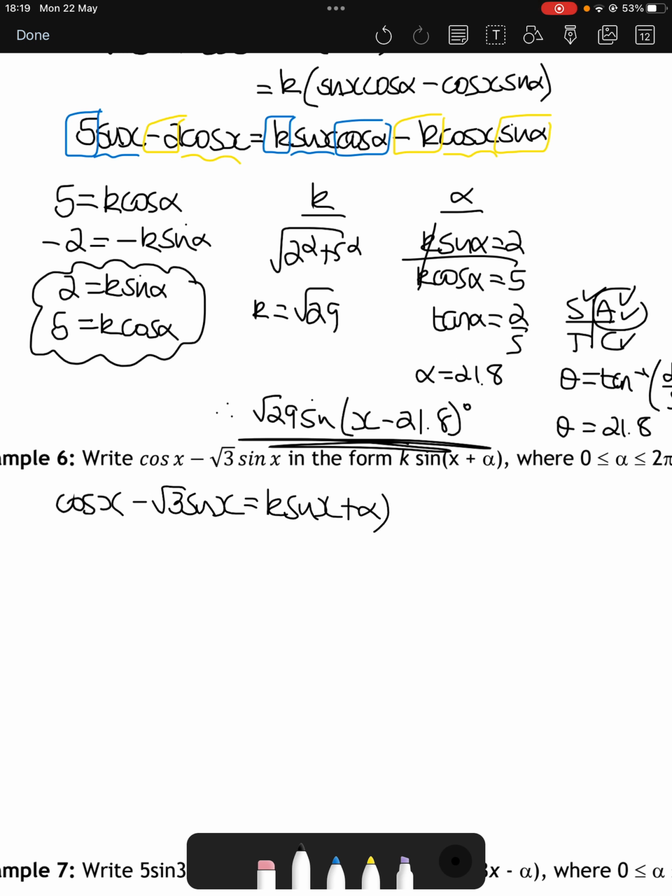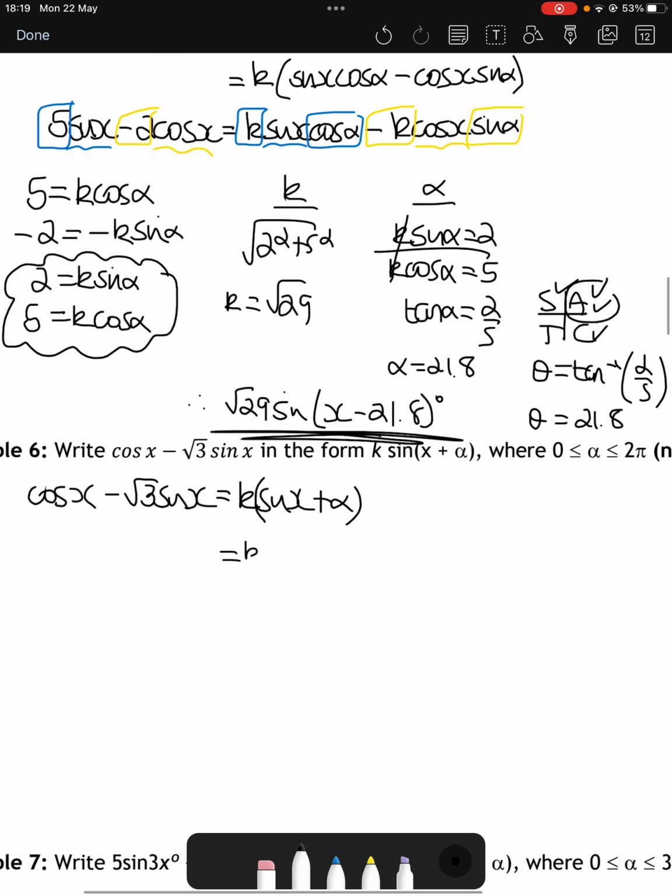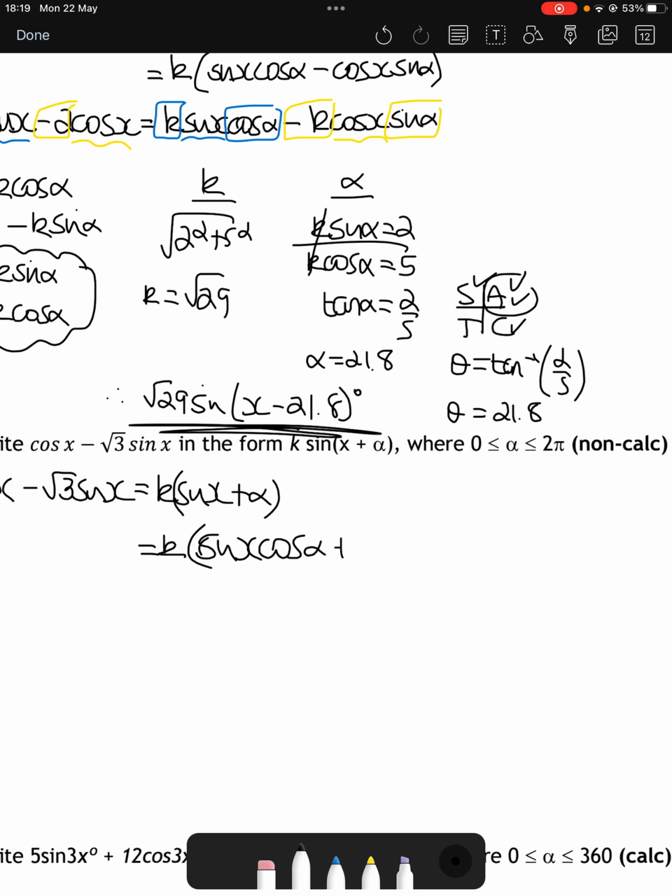Plus alpha this time. Okay, multiply it out. Look for your expansion. It doesn't start with a cos. They can use other letters apart from x and alpha, but mostly they're the most common ones.